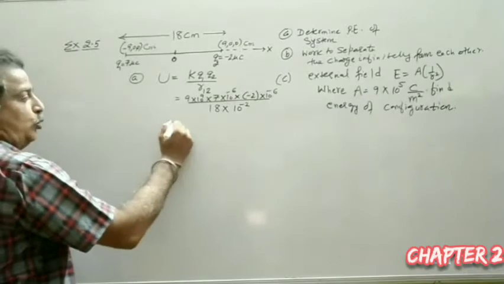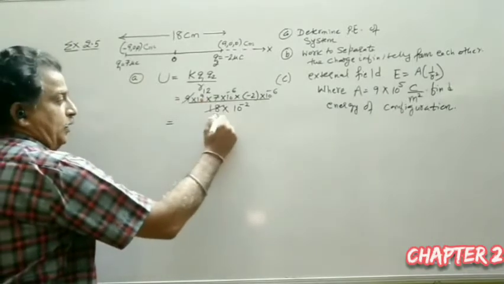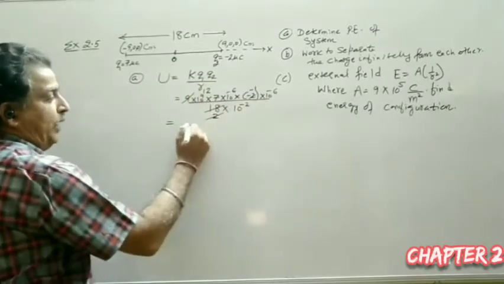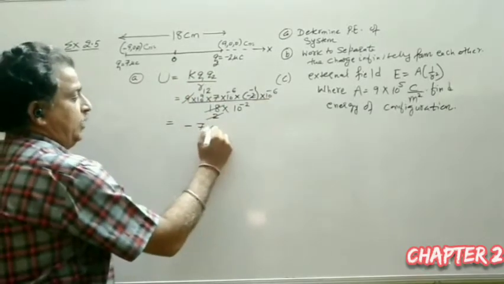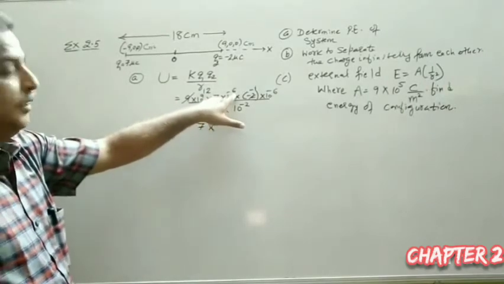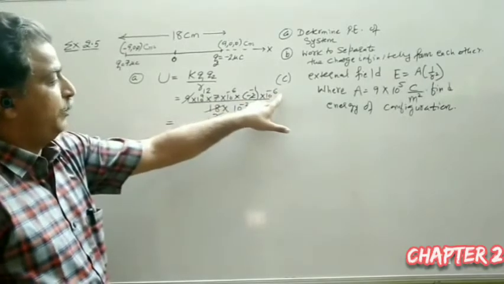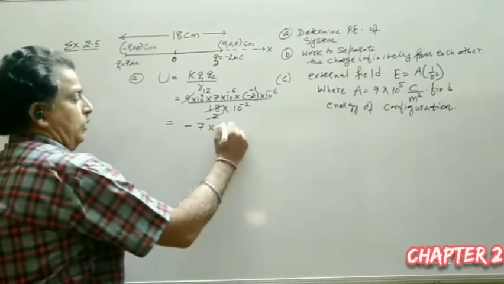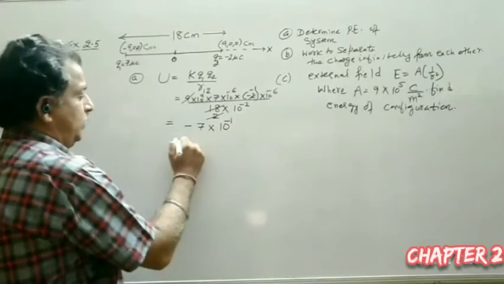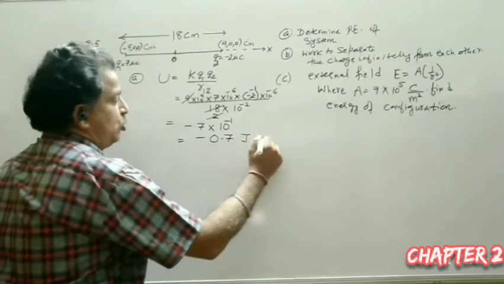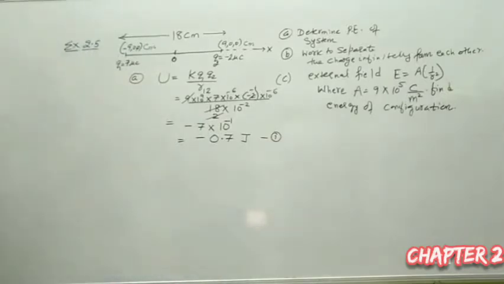So the 2 is cancelled with this minus 2, and I have minus 7 into 9 raised to minus 6, that is 3, so 3 minus 6 minus 3, and minus 3 plus 2, that is 10 raised to minus 1. So it comes out to be minus 0.7 joule of energy.